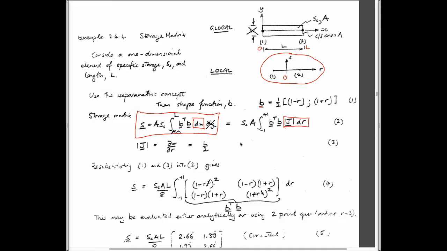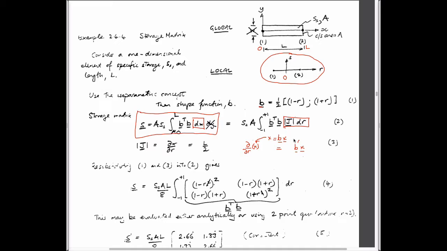We know, for instance, that the Jacobian in this particular case is equal to L over 2. We know that by inspection. We could also, if we wanted to, calculate it from just the rate of change with respect to r of x. If we input this value as x is equal to B times the nodal values of x, then we end up with the derivatives of the shape function matrix, which we've called B prime, times x.